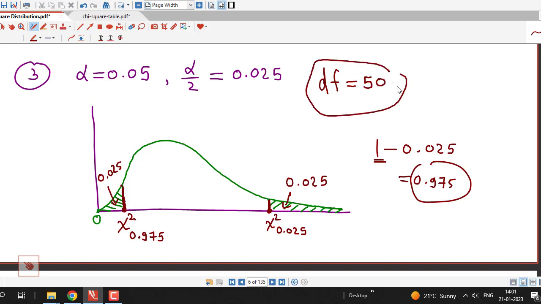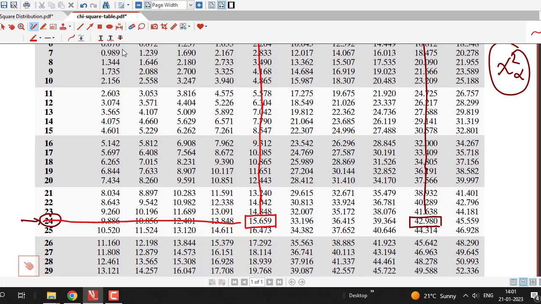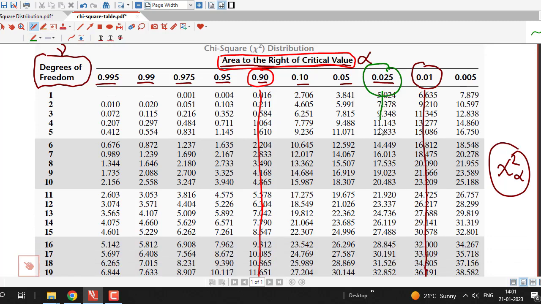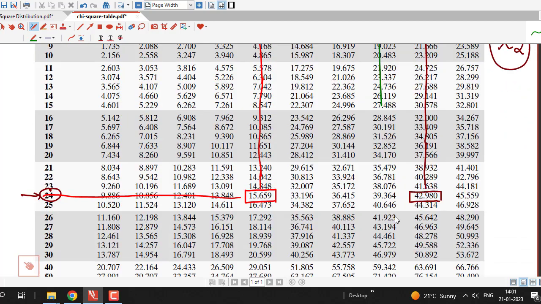50 degrees of freedom. So first I search for alpha equal to 0.025 and 50 degrees of freedom. First I am writing this critical value. So for that I have to search for 0.025 area here. So here I am, and I have to go down until I obtain 50 degrees of freedom.